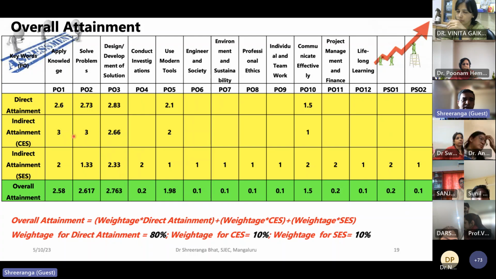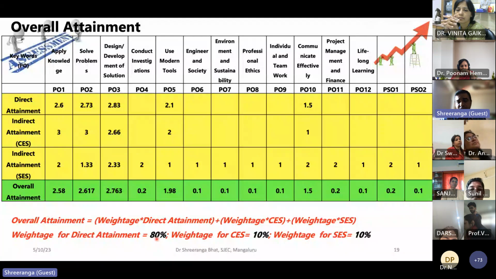Those values should be pulled here for the specific PO: direct attainment, another indirect attainment which is nothing but the course end survey, another indirect assessment which is the semester end survey. You can keep on adding n number of rows here, which will represent n number of surveys. But the point here is direct attainment should be given more weightage.